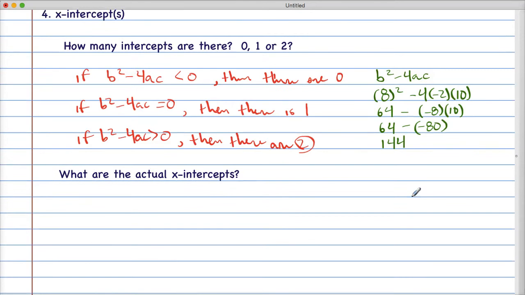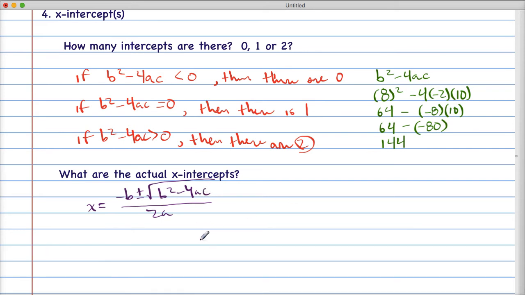Now, what are the actual intercepts? We are going to use something called the quadratic formula, which I think you should already know. And that is x equals the opposite of b, plus or minus the square root of b squared minus 4ac, all over 2a. And again, conveniently, what we've done in this step helps us figure out our next step. So down here, I have b squared minus 4ac. That's what goes underneath the radical.